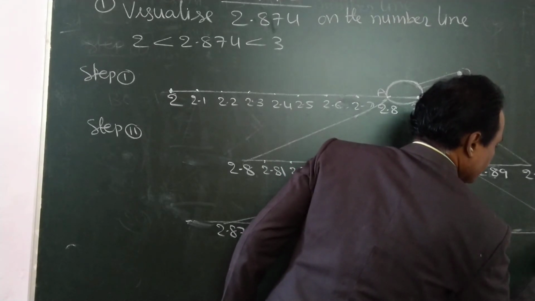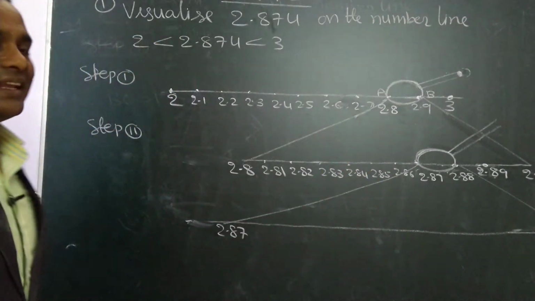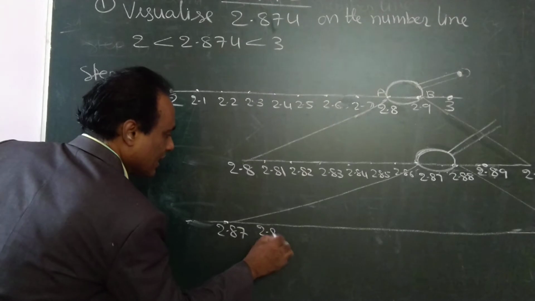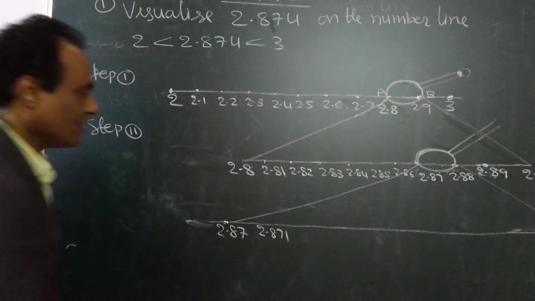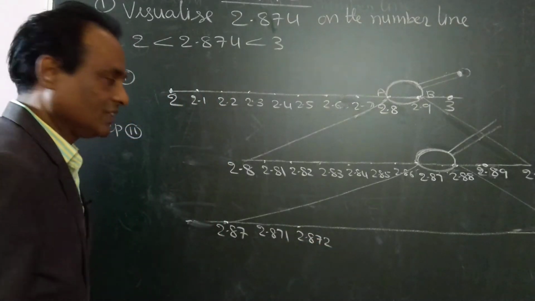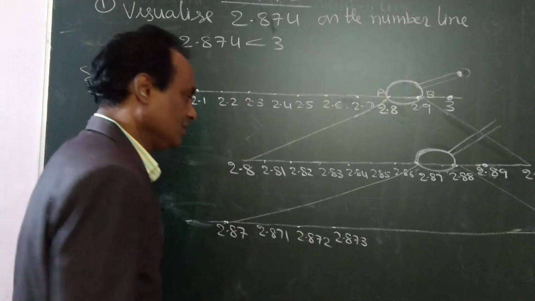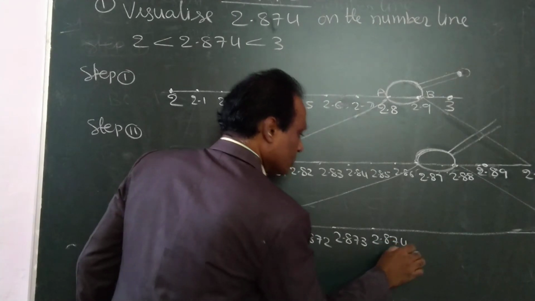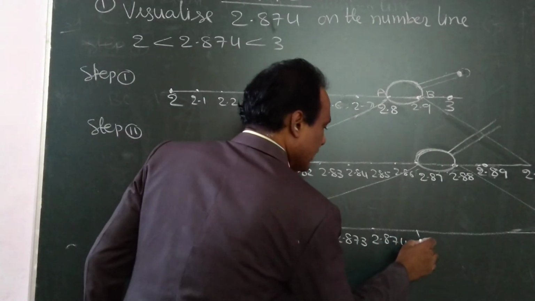After 2.87, what will you get? 2.871, 2.872, 2.873, 2.874, 2.875.